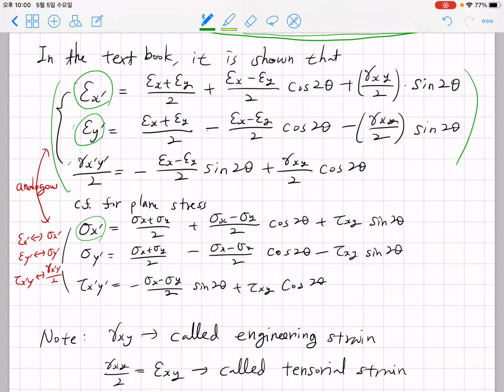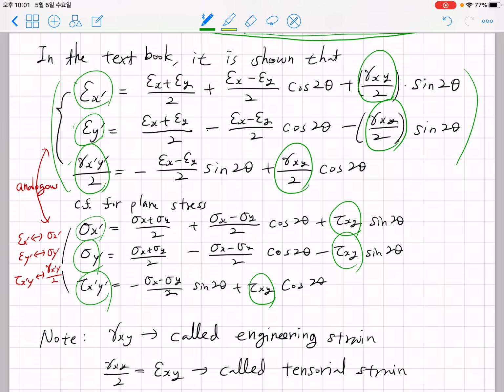Epsilon y prime is located in an analogous location with sigma y prime. Gamma x prime y prime is found here, and there, and there. If you compare tau x prime y prime and gamma x prime y prime over 2, they are located in the same position in this equation set.